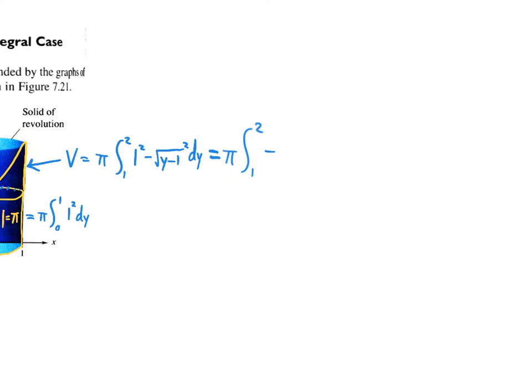That's the top one. Oh wait, hang on. Yeah, 1 minus a negative 1. Yeah, 2 minus square root of y. That's y. Okay? dy. 2 minus y dy. Thanks. Okay? So that's what we're taking the integral of.